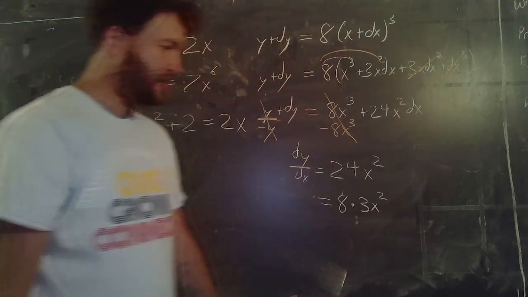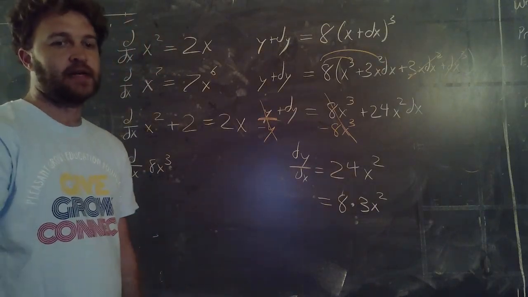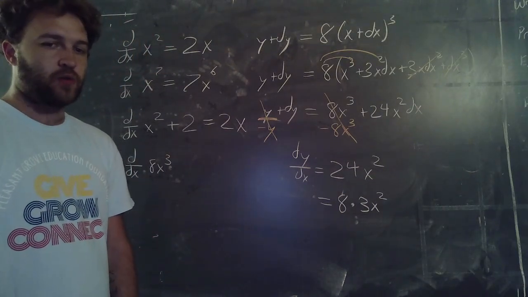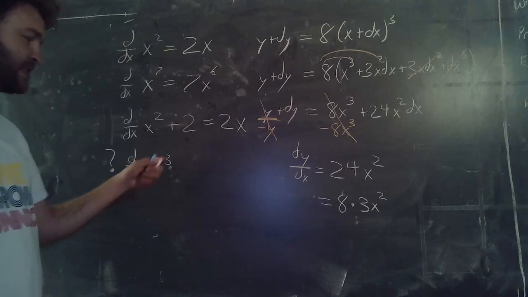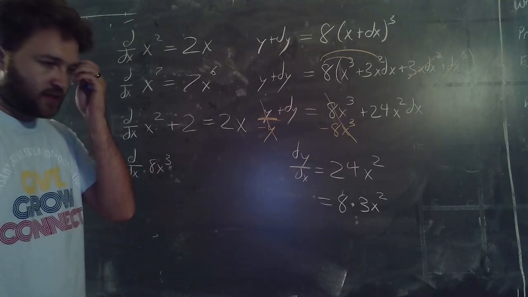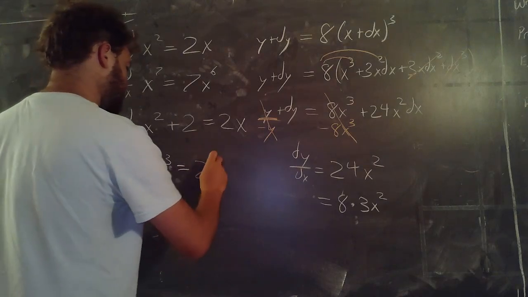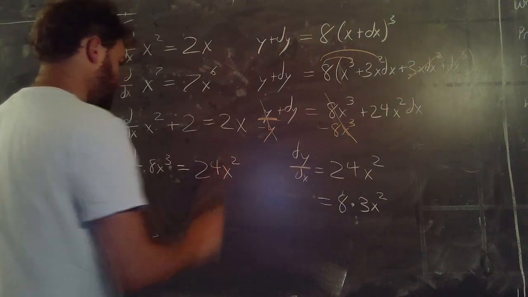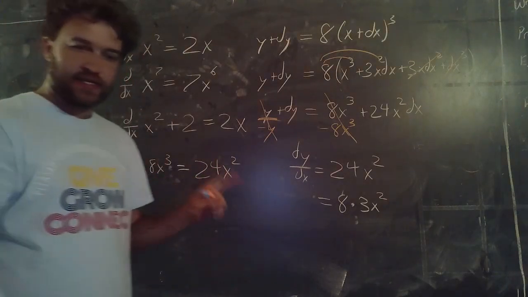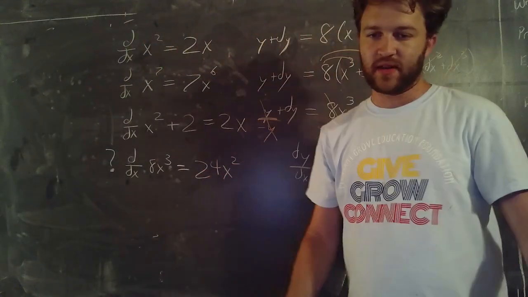Now you might also notice that that result is precisely our constant multiple 8 times 3x squared, which is what we know the derivative of x to the third to be. So what that kind of alludes to is that in the case of a constant multiple, it won't just be 3x to the second, it will scale the derivative as well.